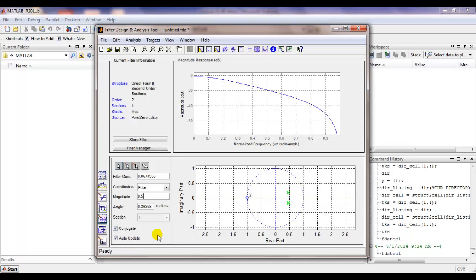And similarly, the farther away a pole is, the less effect it will have in pulling the magnitude up. Okay, and basically by doing the pole and zero placement, you can do a really good job of getting a really nice filter with the desired frequency response.